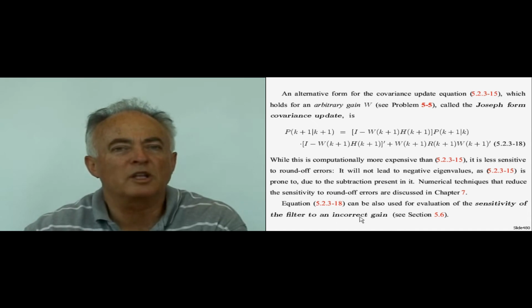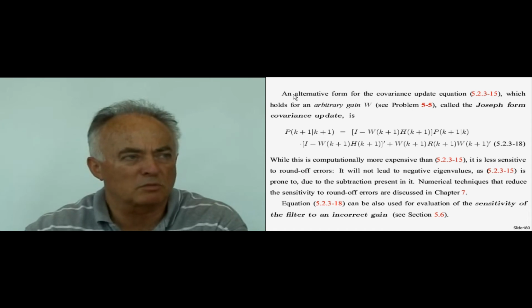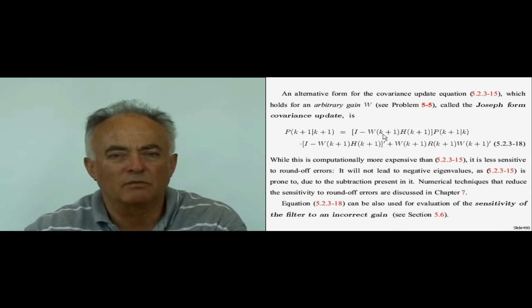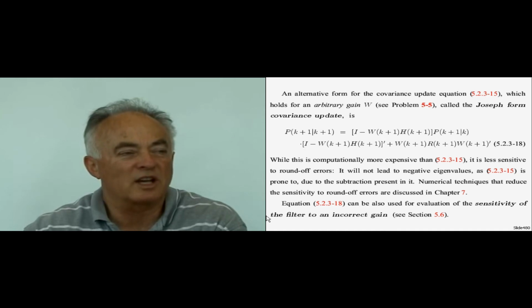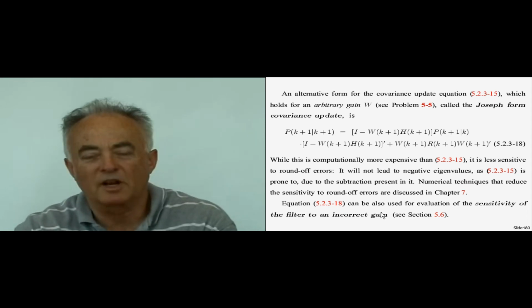What is the quality of the estimates, measured by a mean square error matrix coming out of the filter, when I use an arbitrary gain? That is the main role of this Joseph form. It does allow quantitative evaluation of the entire algorithm's sensitivity to something suboptimal, like a wrong gain.